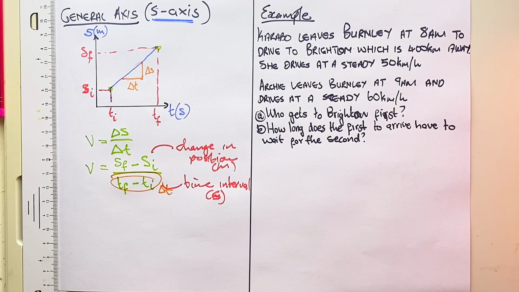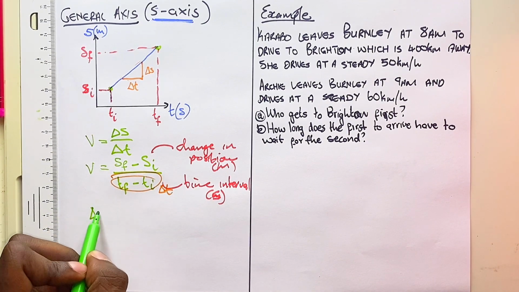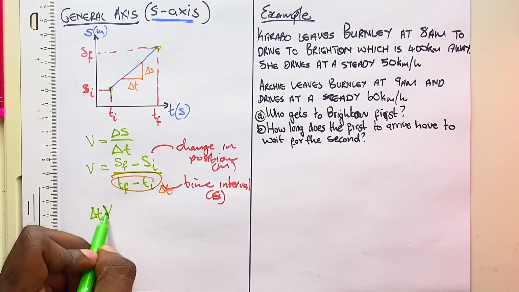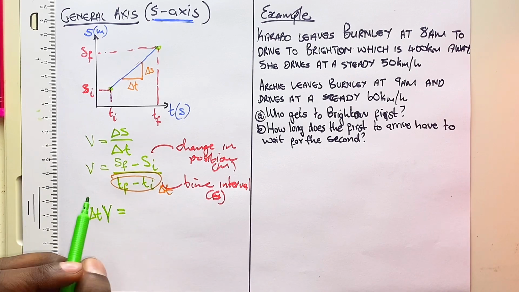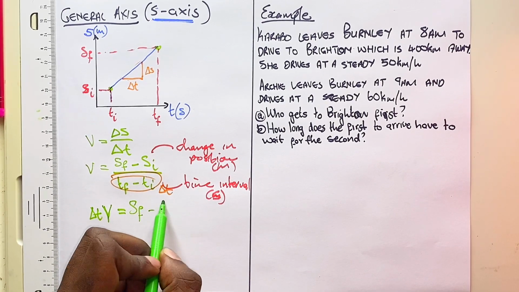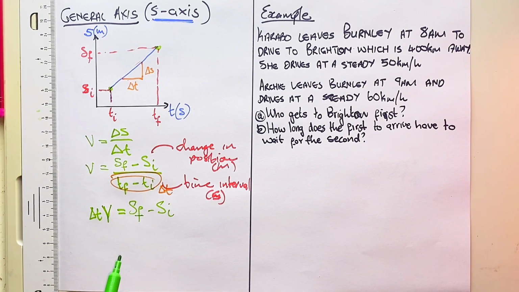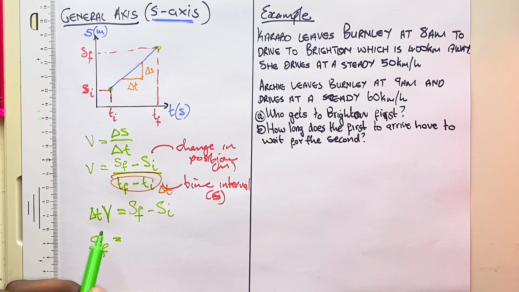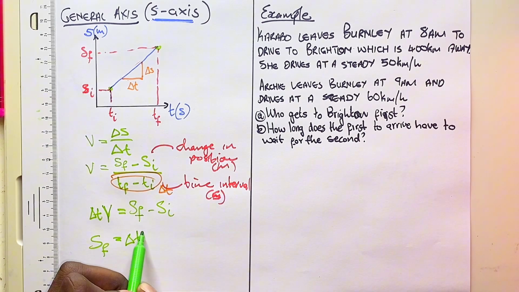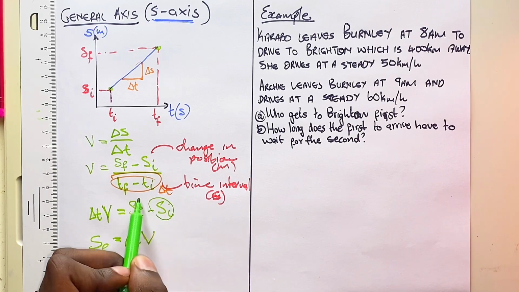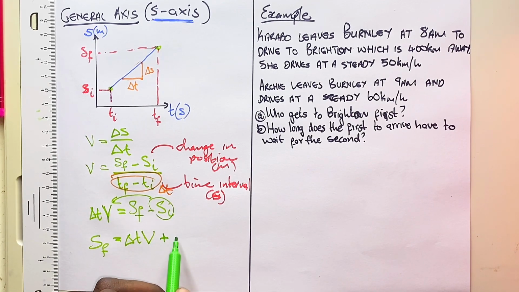So delta t multiplied by velocity is equal to SF minus SI. Now we wanted to make SF the subject of the formula, so we'll have SF equal to delta t times V. We move SI and transpose it to the other side, and it will be positive SI.